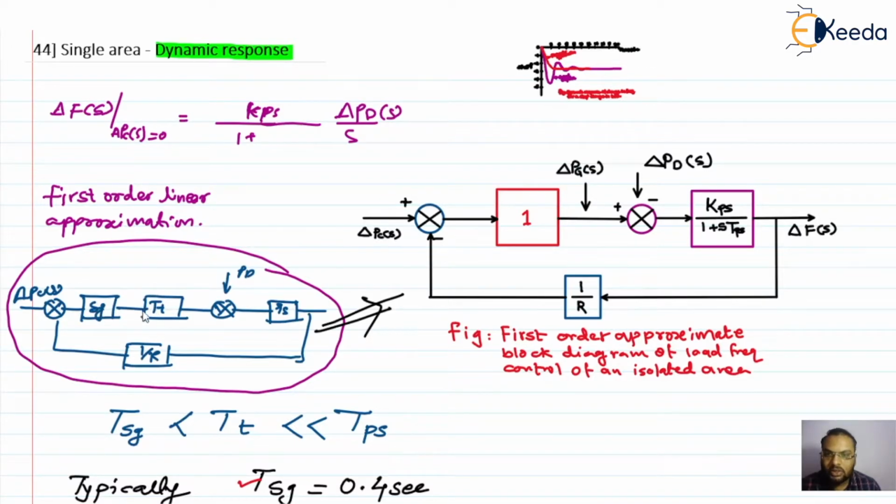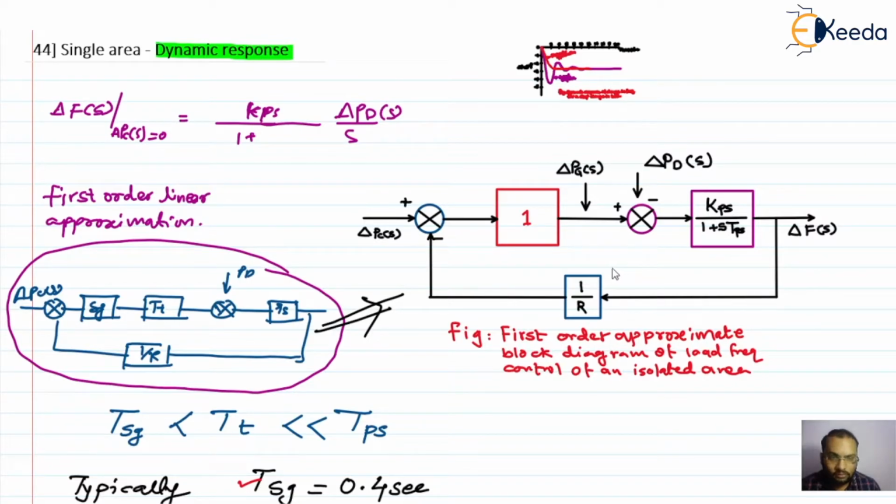The time constants TSG and TT we are making 0. We know that when blocks are in series, they get multiplied. So if we put these values, we get the resultant of these two blocks as 1. So now this is a first order approximate block diagram.